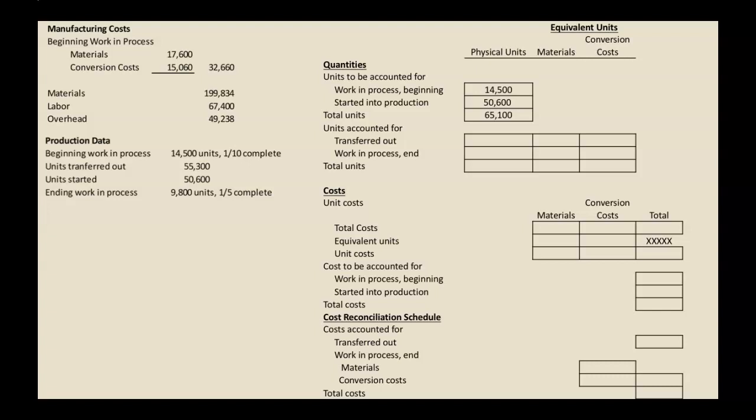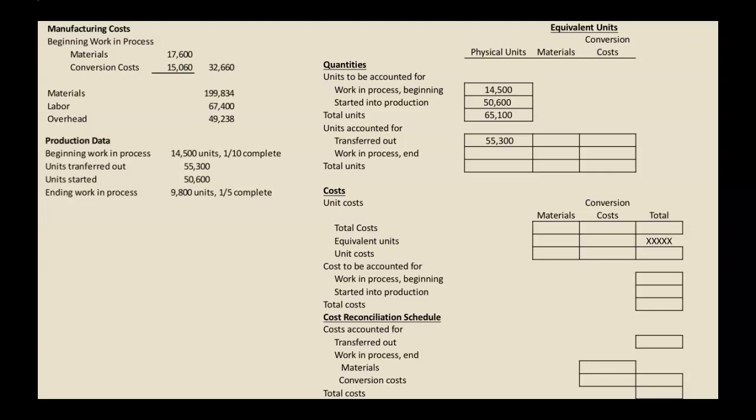Now we move down to the units accounted for, and we need to know the physical units for transferred out. Well, we're told that there were 55,300 units transferred out. That means that we finished those units and we pushed them out of the factory. We're done with them. They're gone now. What about our ending work in process? Well, we take a look at that and it says 9,800 units, 1/5 complete.